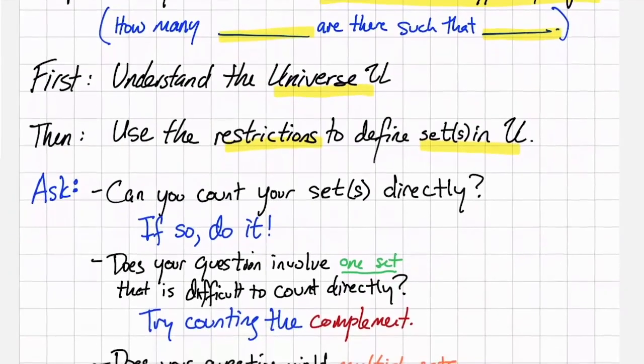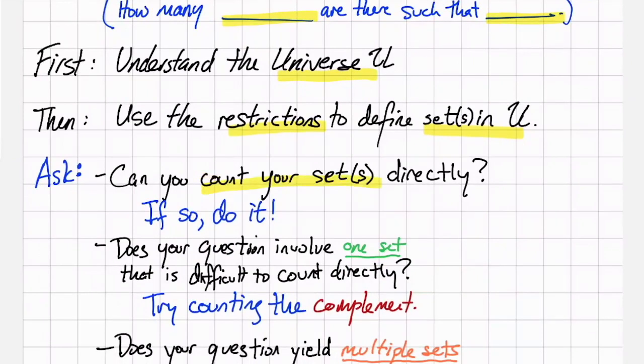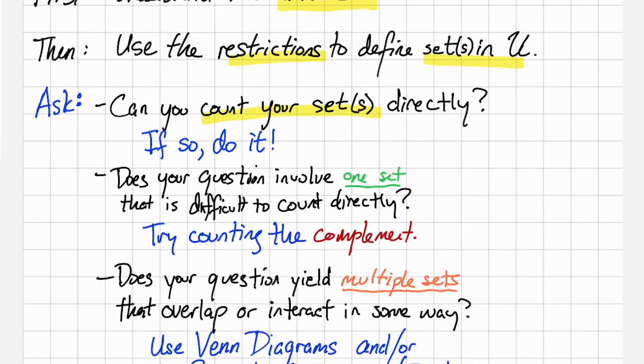Then we need to ask ourselves the question, can you count these sets directly? If so, go ahead, do it. You don't need to use a technique like counting the complement. If, on the other hand, after you find the sets defined by the restrictions, your question involves one set that is difficult to count directly, you should try counting the complement. You'll see if the complement is easy to count, and if so, you're all set.